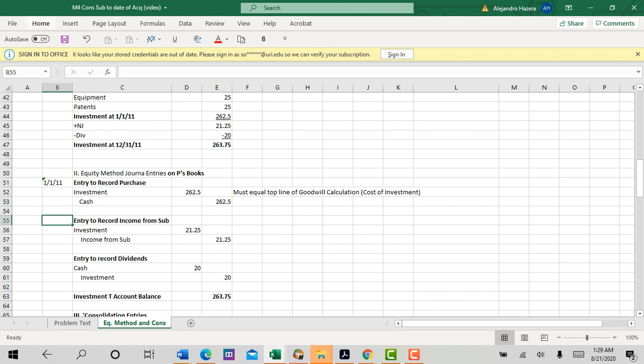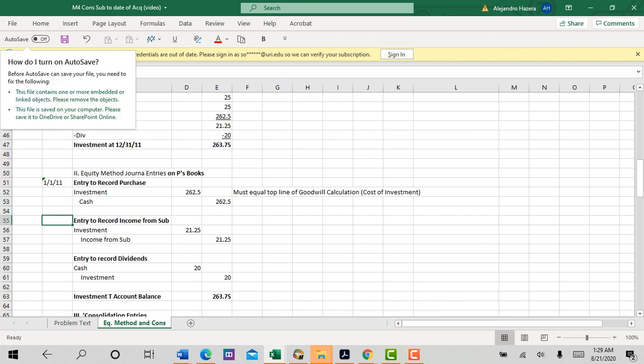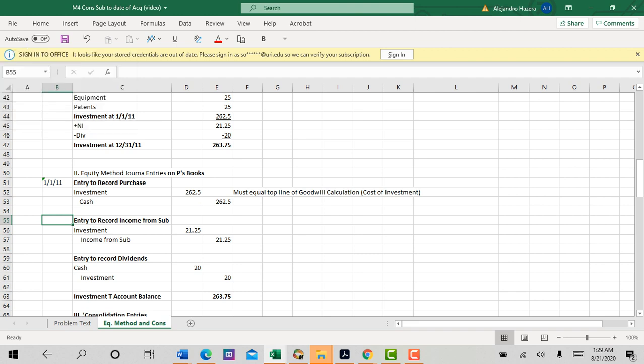These other 2 entries were done at the end of the year, because a year has to go by and the subsidiary has to pay dividends and earn income and make an income statement for you to be able to make these entries. So that's why we're doing this.